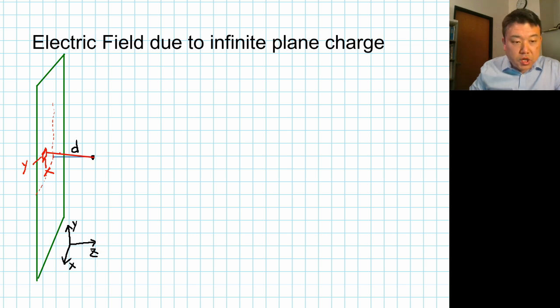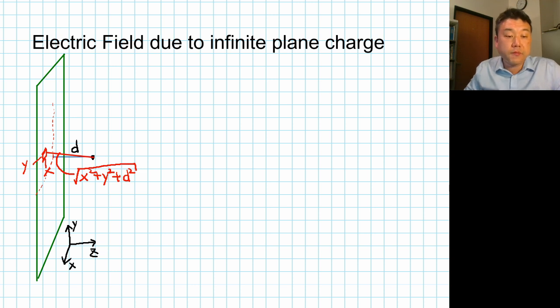When you go through the geometry exercise, trying to figure out this distance here, you should get square root of x squared plus y squared plus d squared, square rooted. So that's going to be distance from this little element of charge to the point where we are trying to calculate what is the electric field.